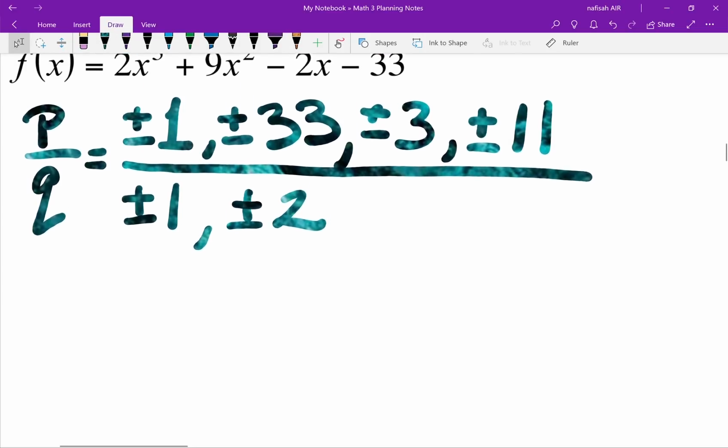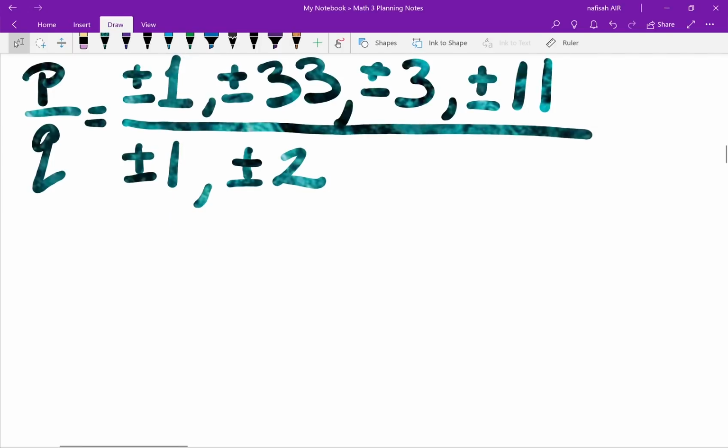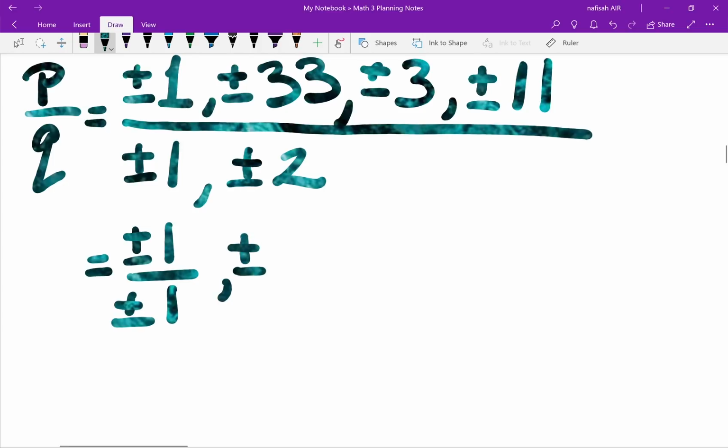So now I'm just going to go ahead and write all of the fractions that these can turn into. So I'm going to take every numerator and divide it by every denominator. So I have plus or minus 1 over plus or minus 1. I have plus or minus 1 over plus or minus 2.